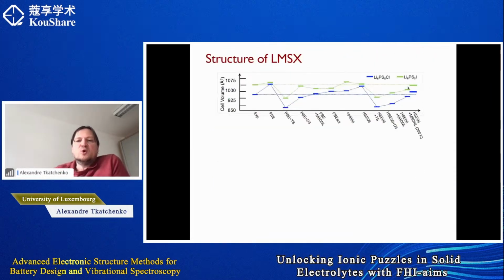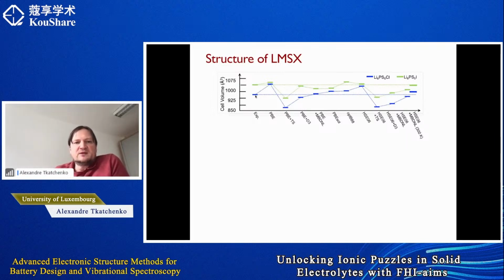In order to understand the mobility, we first need to understand the general stability of the material. Let us start by looking at the global structure of these materials by measuring the cell volume. We look now at just 2 of these materials, the chlorine-based and the iodine-based.